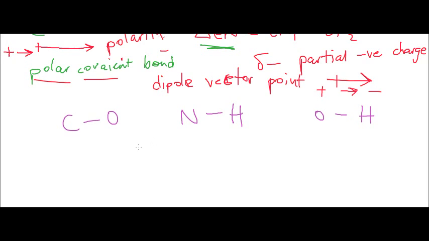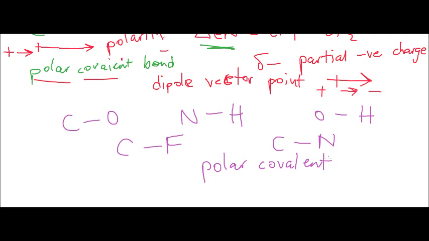Other ones, carbon and nitrogen, maybe carbon and fluorine. These are all considered polar covalent. So when we see this, we don't even need to worry about finding the change in electronegativity to identify. We can almost tell.